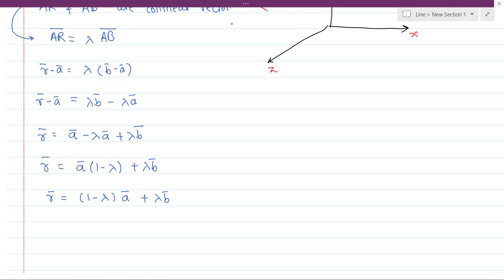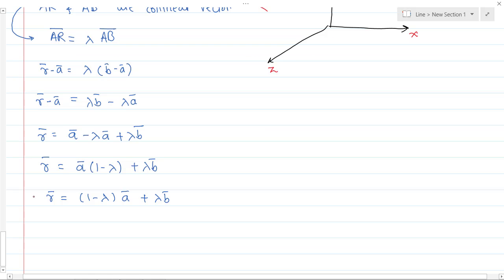What is this? This is nothing but the parametric equation of the line passing through the 2 points. Make a note that this B bar is not a vector parallel to the line. It is the second point lying on the line.